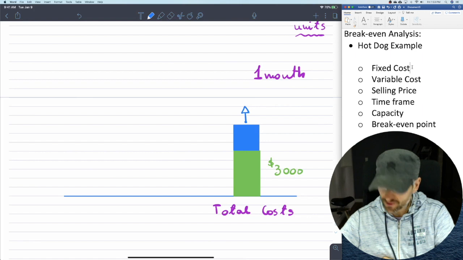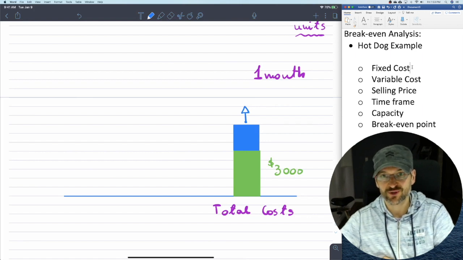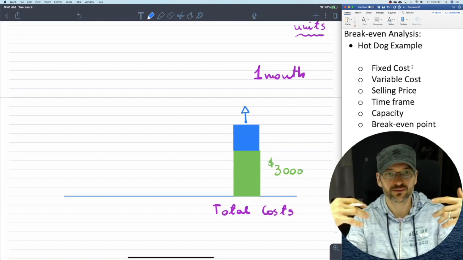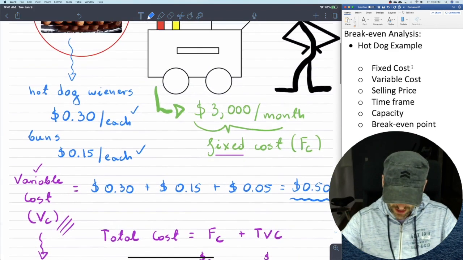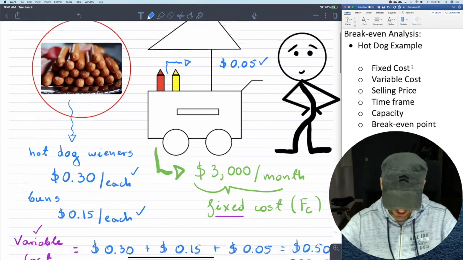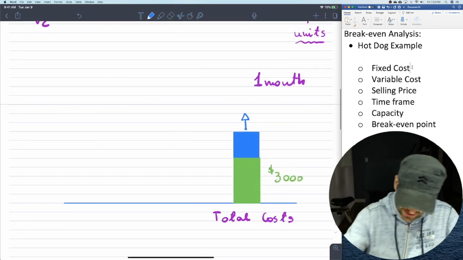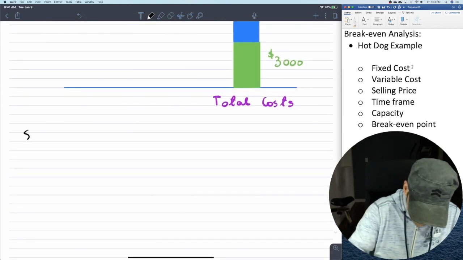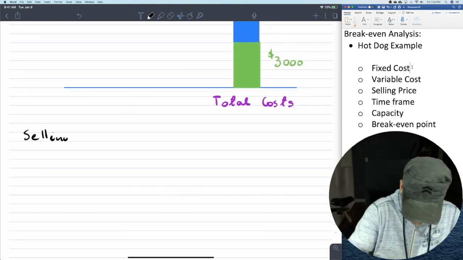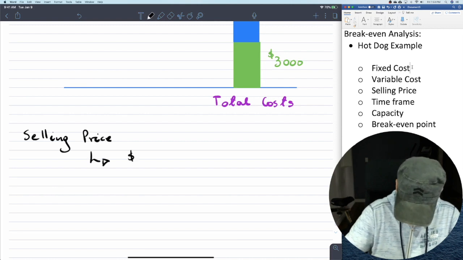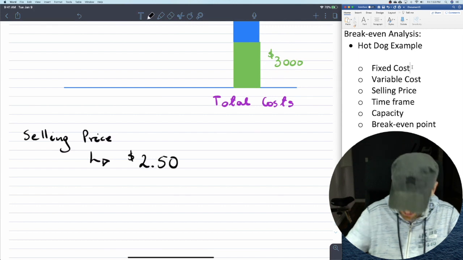Now, obviously, if we're selling these hot dogs, we're also receiving the sales, or the revenue, that's coming in. We can pick a price for trying to sell the hot dogs. So for simplicity's sake, let's say that our selling price for one of these hot dogs is $2.50.